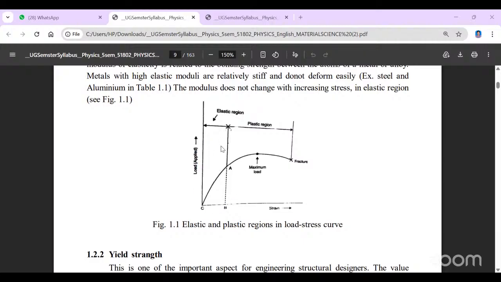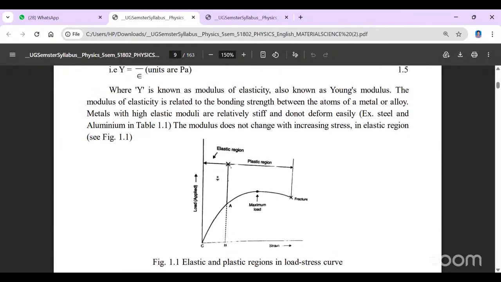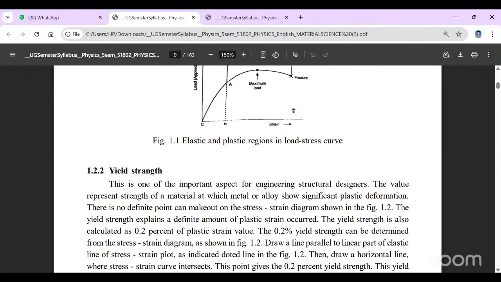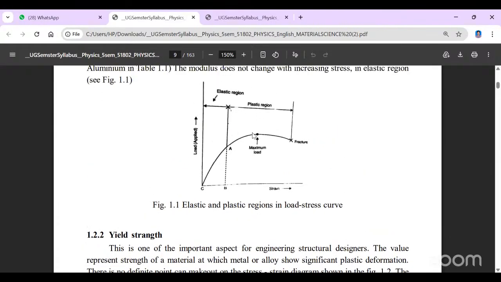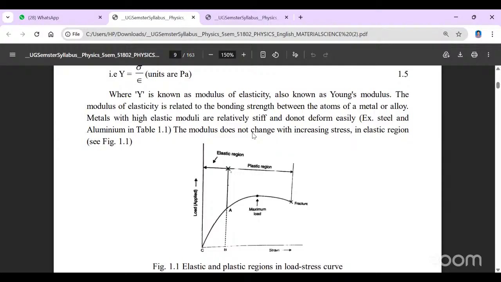So within this region, if you apply the load, it will regain its original position. Otherwise, it will not come back to the original position. We call that the stress and strain curve which we have here.